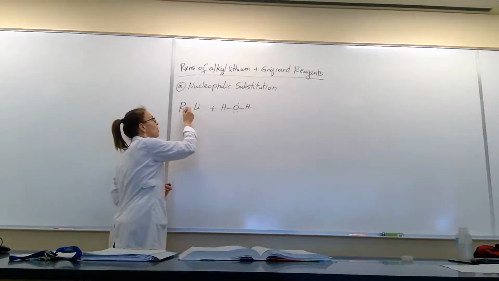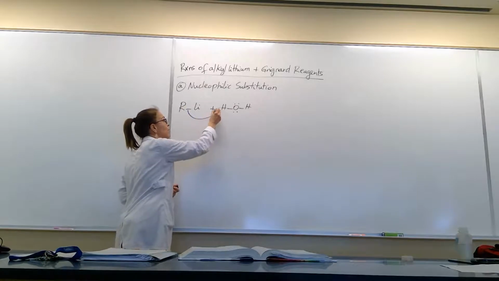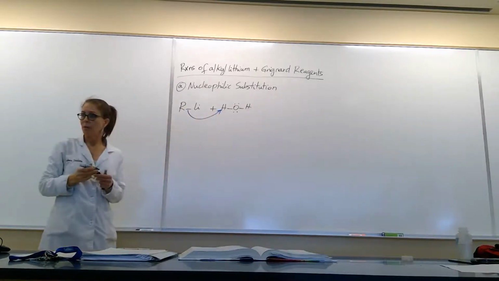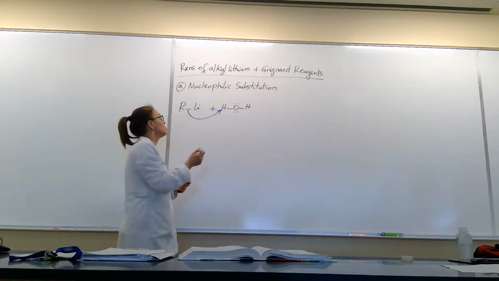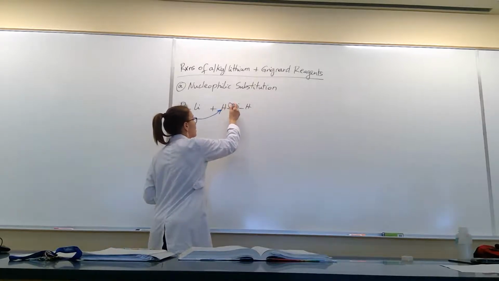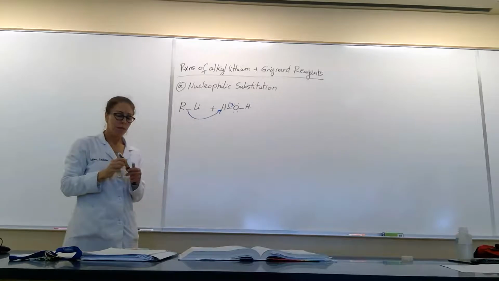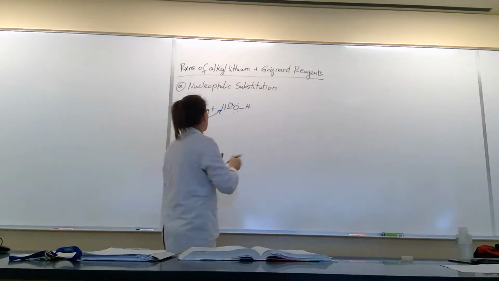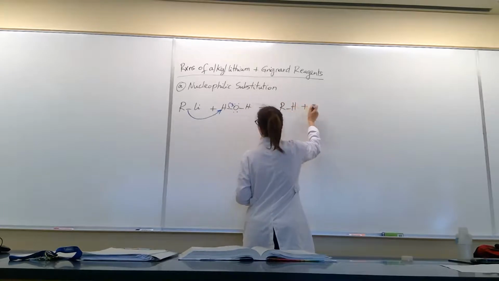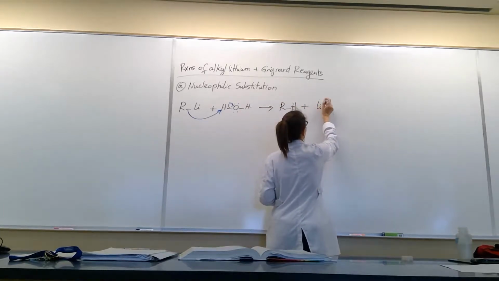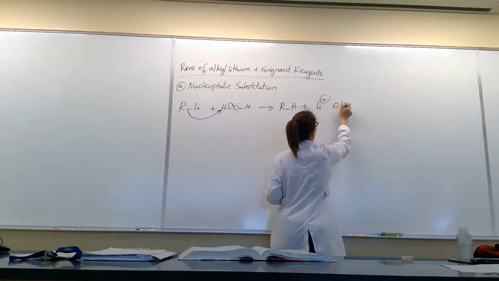The R will take the H. You understand? Because that's the nucleophile. So what happened here? The oxygen takes the bond. So you end up with RH plus Li plus, and then OH minus.